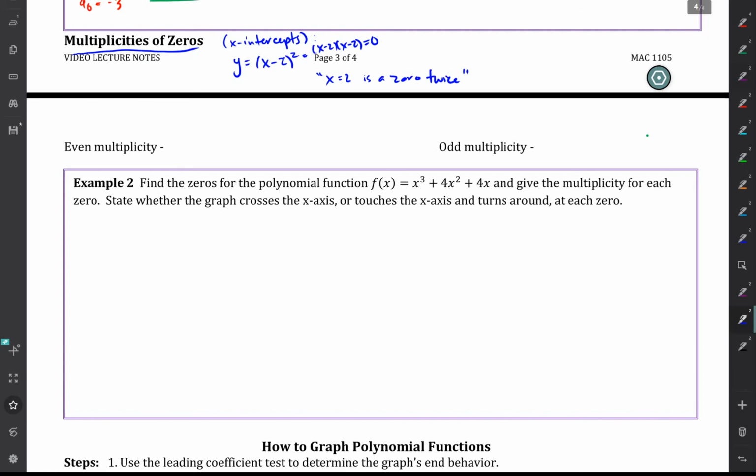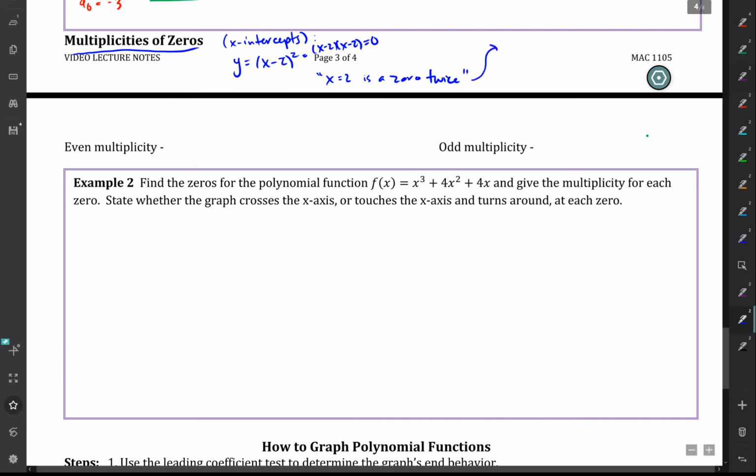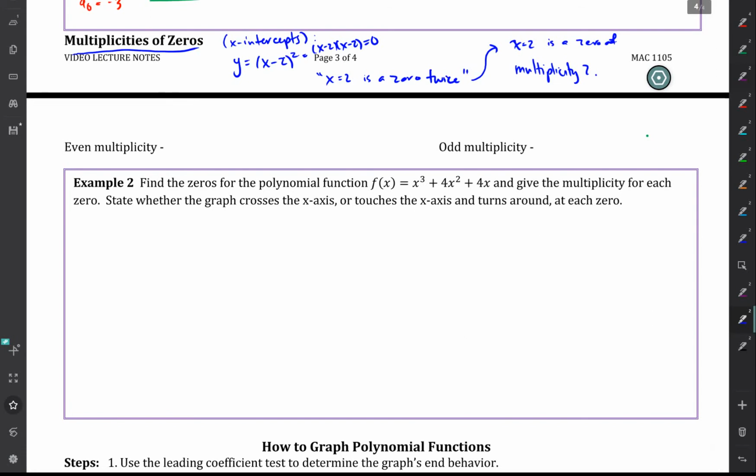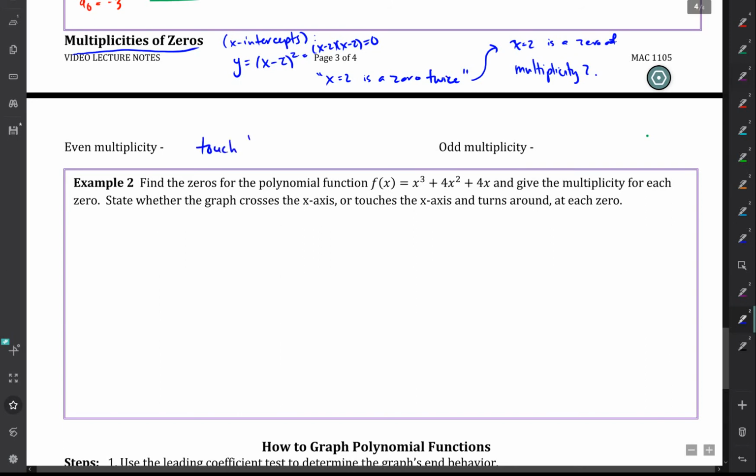Another way of saying what I just said is that x equals 2 is a 0 of multiplicity 2. If something has even multiplicity, so it occurs as an x-intercept 2, 4, 6 times, then you should think of this as touching and turning at the x-axis.